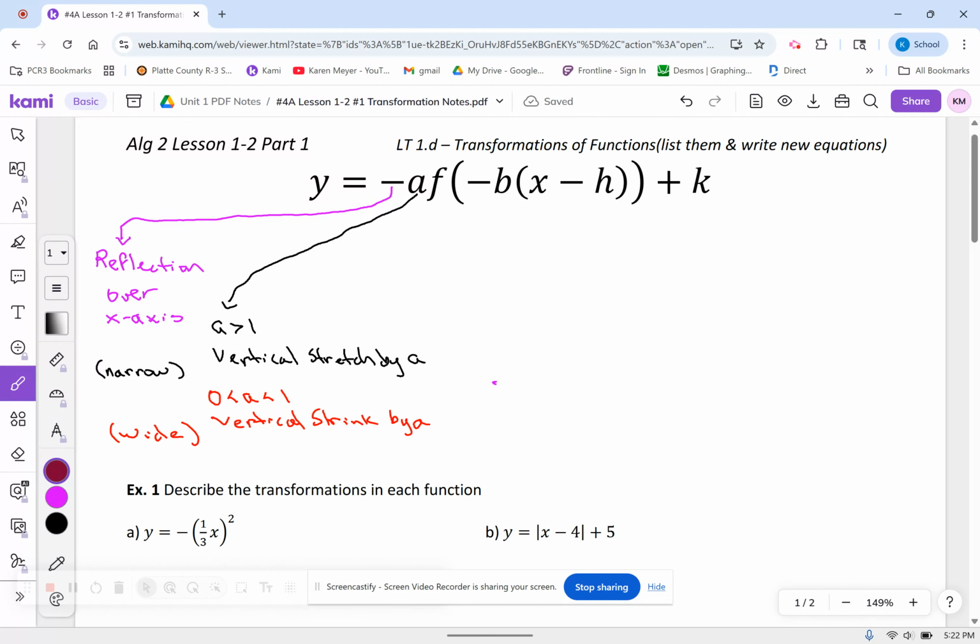It just depends on the type of function. But I notice here that I have a negative inside. You notice this negative is inside the function, not outside the function like our first one. So if you run across this, then that will be a reflection over the y-axis.